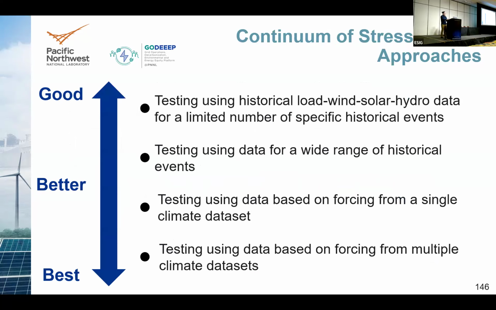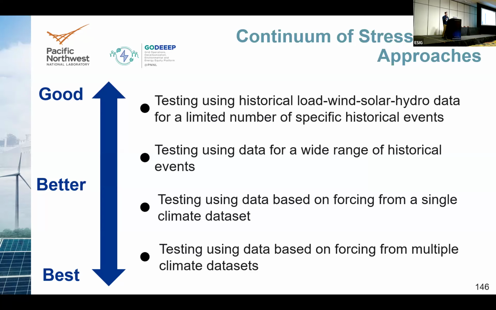All right, so there are a number of practices with this coincident data that I've mentioned, some of which are better than others. For example, using data that may or may not be coincident to test a limited number of specific historical events. That's good. Even better than that is testing a wide range of historical events with as long a record as you possibly can get your hands on.